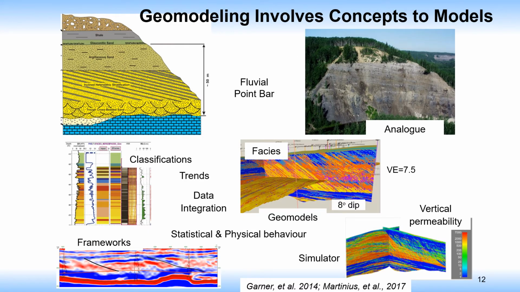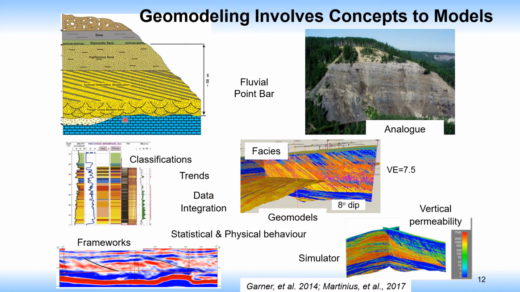So geomodeling involves concepts to models. Emphasizing this quite a bit. We start with our geologic concepts, sedimentologists developing stratigraphy, what our stratigraphy is, and through understanding our engineering and analogs, this leads to our concept models.